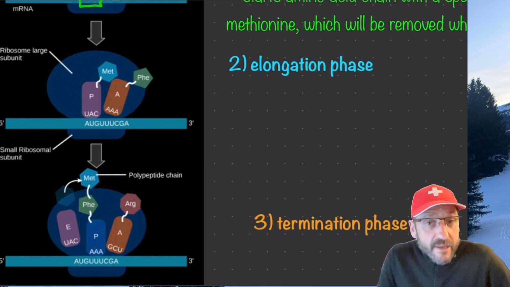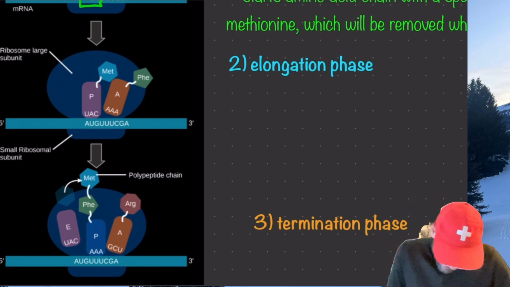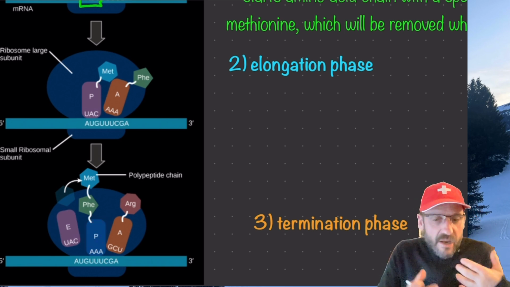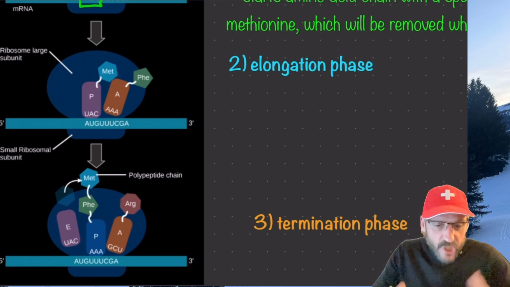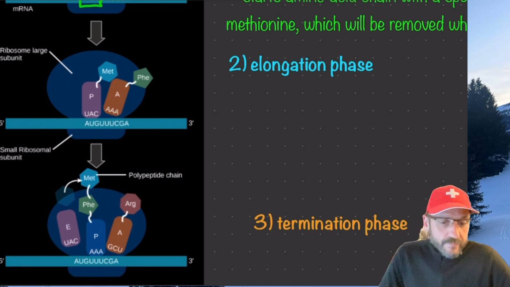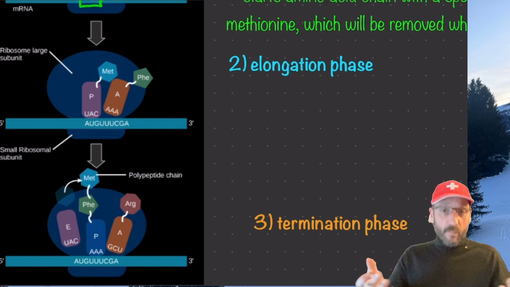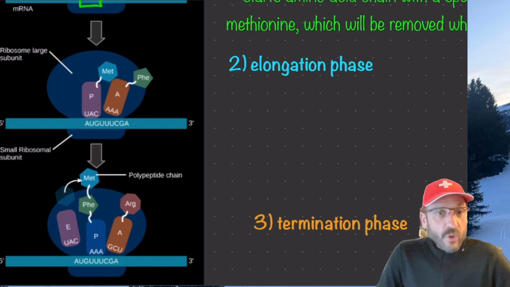So that tRNA attaches there, and then we have the P site, and the P site is where we actively build the amino acid chain, and the polypeptides grow one after the other, with a peptide bond attaching each one to another.